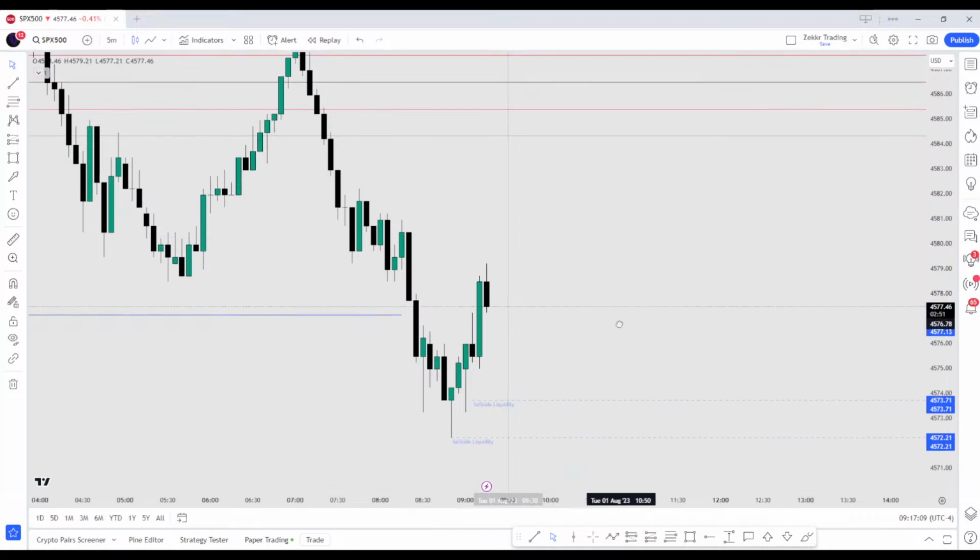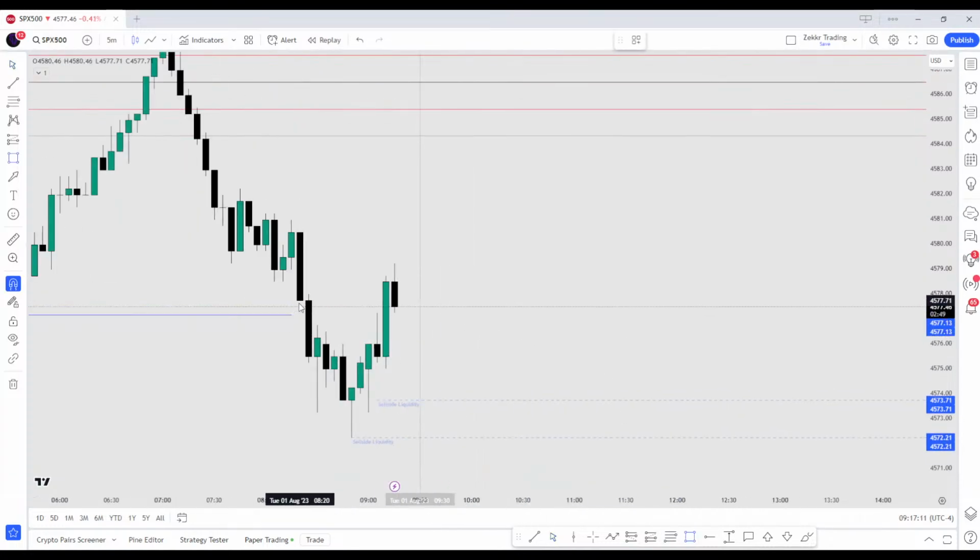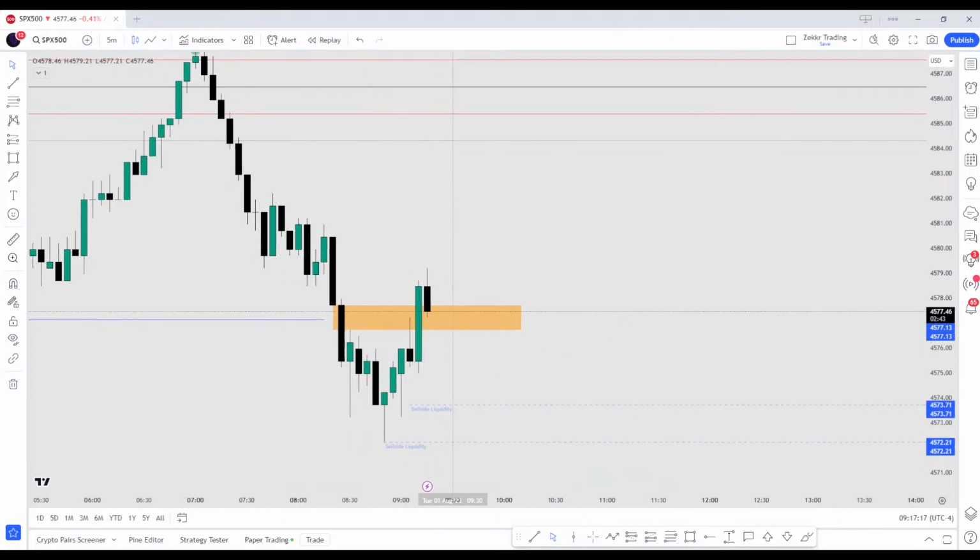I said I wanted to see this fair value gap open, but we have to see how it reacts to this fair value gap and this down close candle, which is a propulsion block.